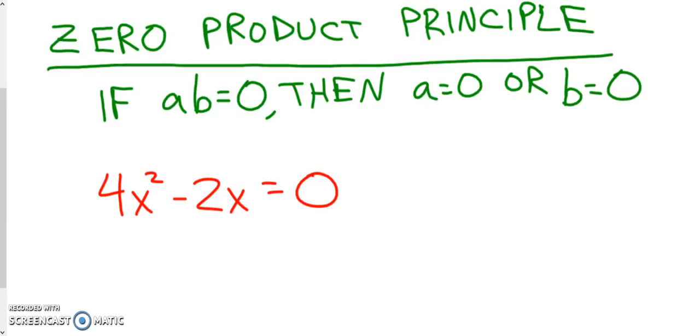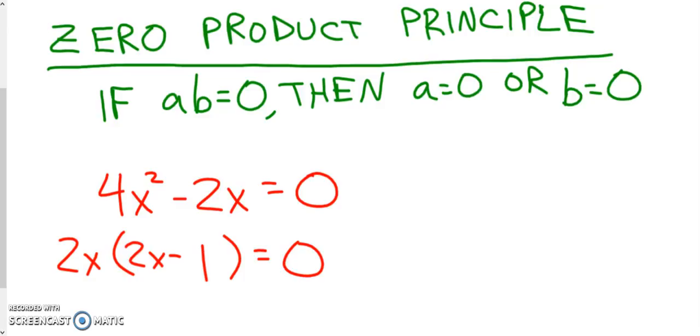Yeah, we can take the 2x out, because that's the common factor. So if I take out 2x, what am I going to be left with? 2x minus, not 2, 1. That's better. Remember, factoring is like distribution in reverse. So when you factor out a common factor, you're practically dividing by it, and that's what's left over.